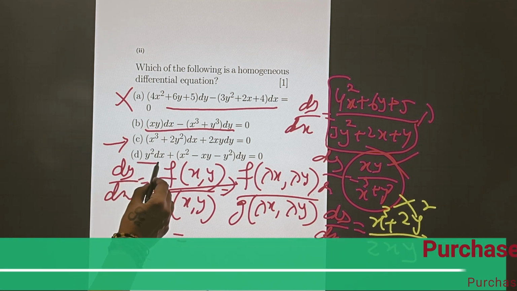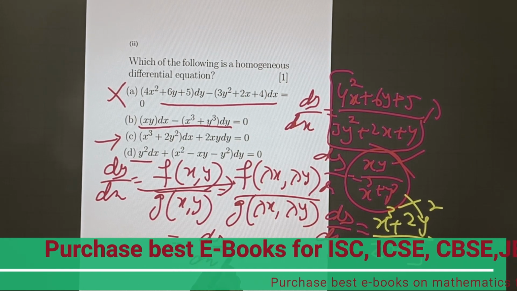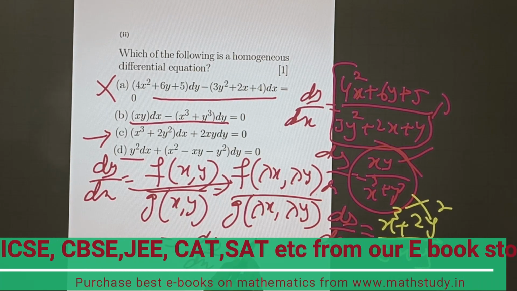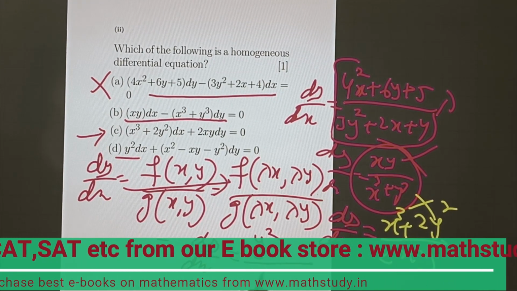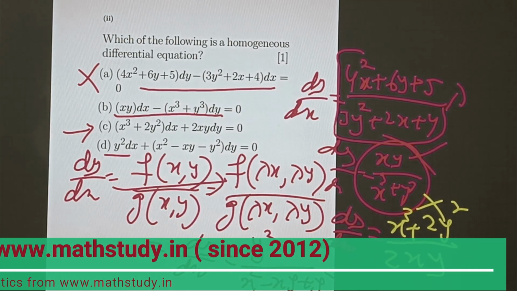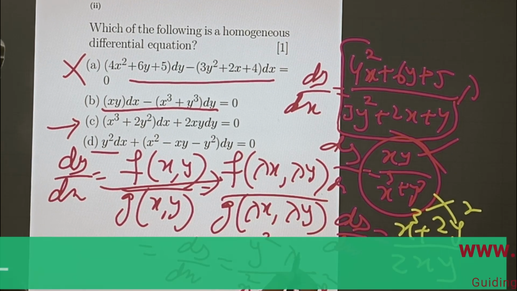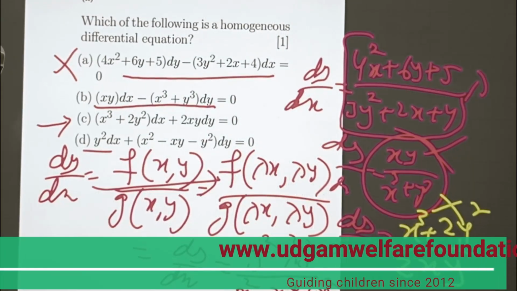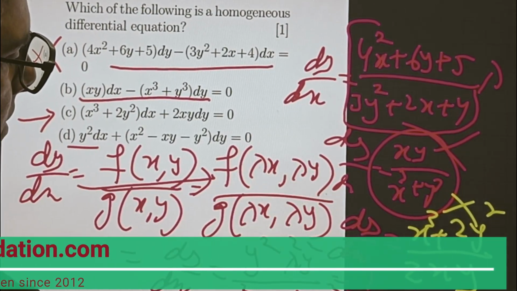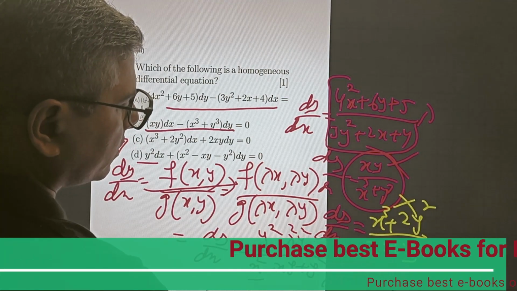Now let's check this one. Here we get dy by dx equals y square upon x square minus xy plus y square. We can easily see that we get lambda square y square in the numerator, and lambda square x square minus lambda square xy plus lambda square y square in the denominator.